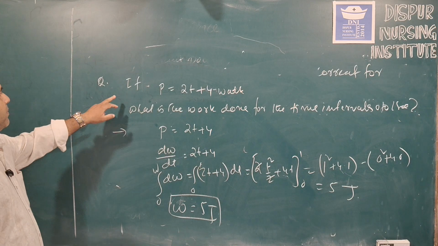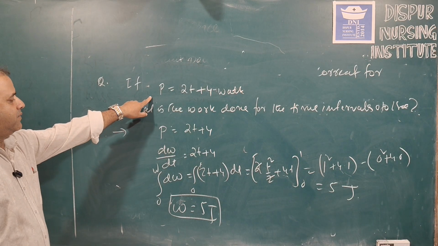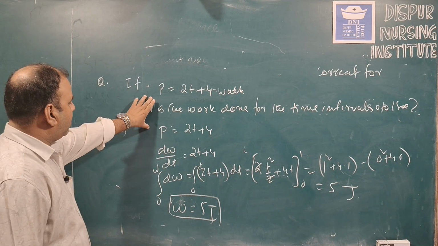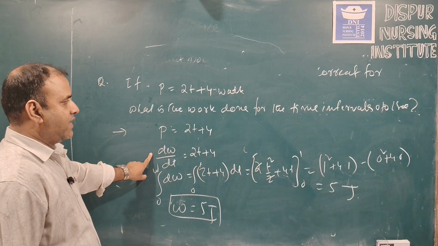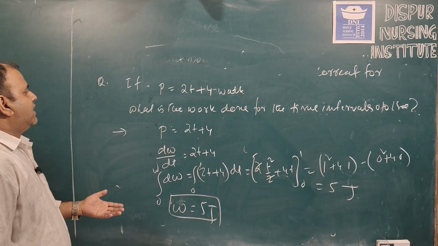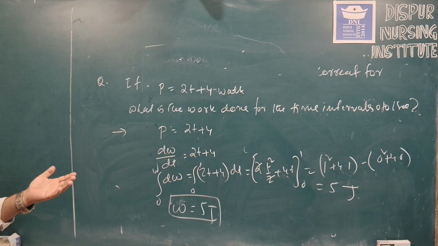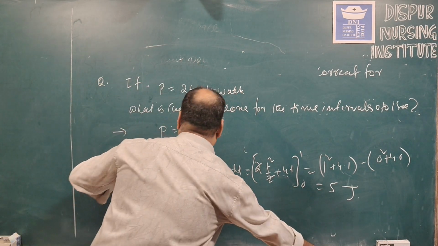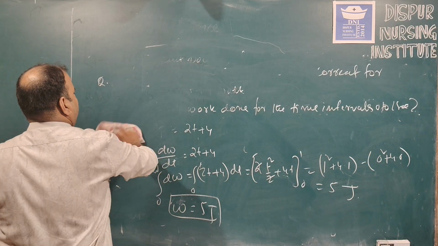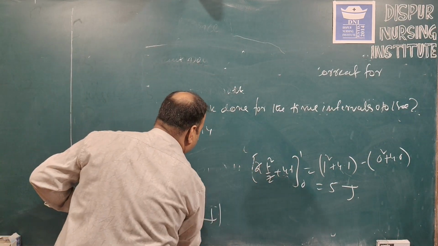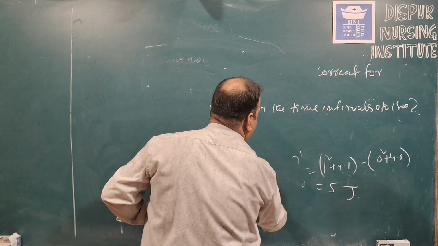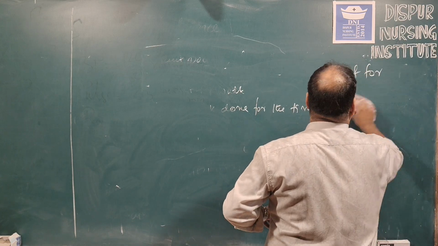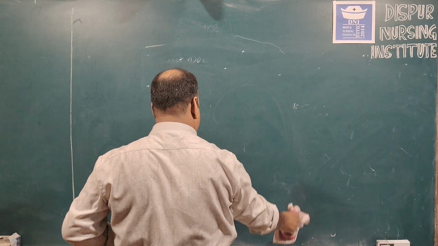Now you remember, if power is given, then from the given power we can easily calculate the value of work done. Suppose you have given work done, so from the given work done, how can we calculate the value of power? Here I am just giving the idea of how you can use integration and differentiation, which is basically used for solving numericals.